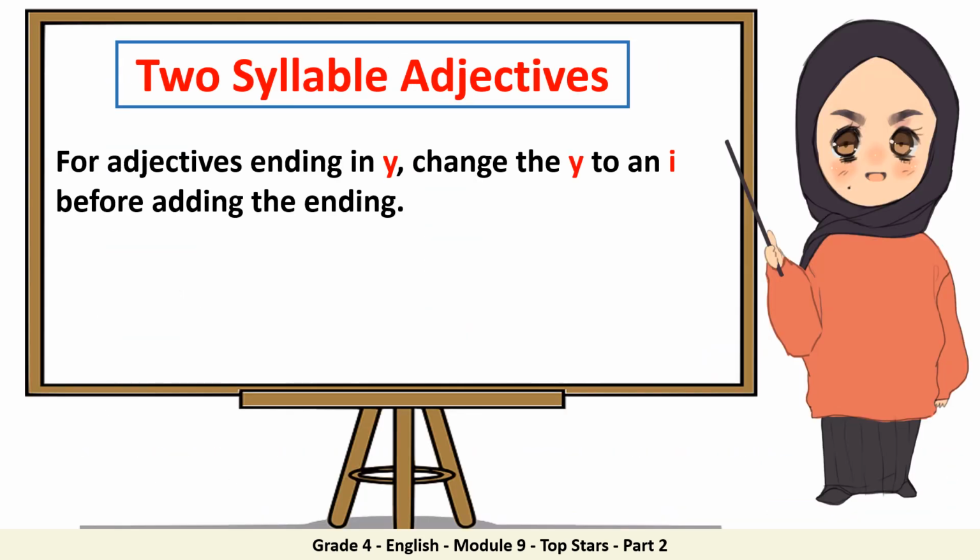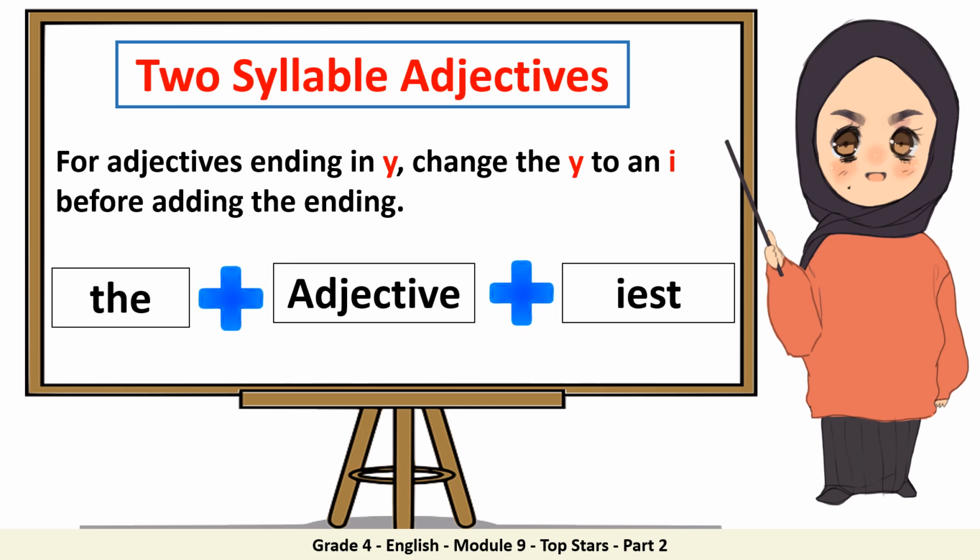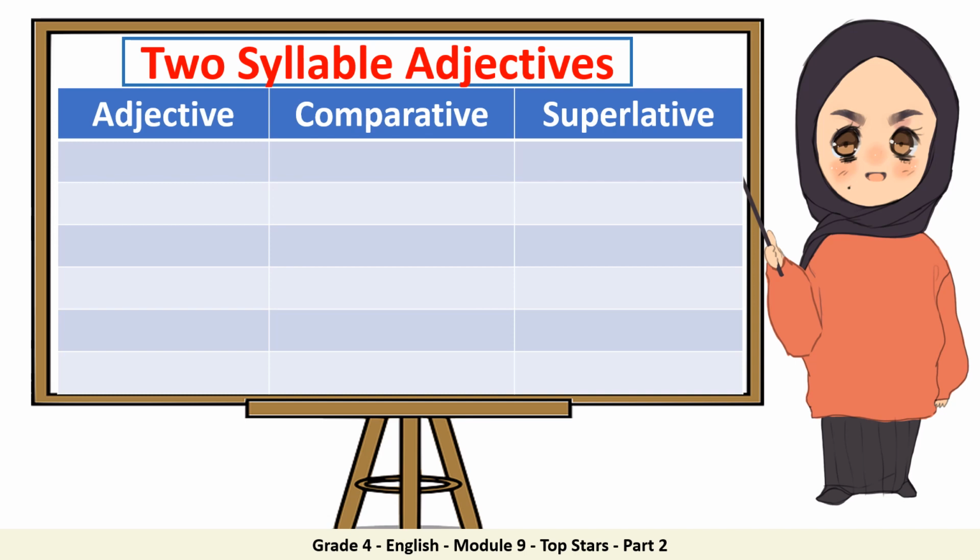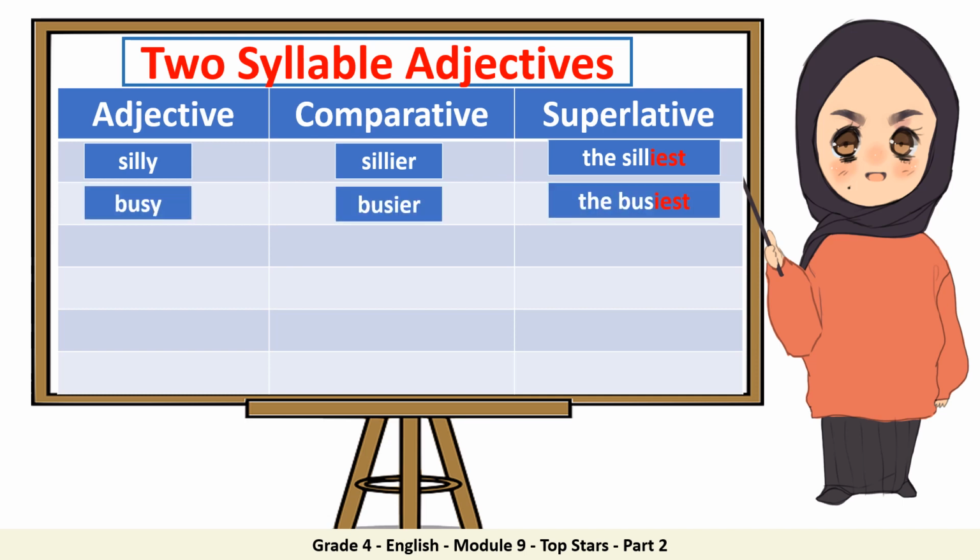Let's learn the two-syllable adjectives. For adjectives ending in Y, change the Y to an I before adding the ending. Let's read the table together. Silly, sillier, the silliest. Busy, busier, the busiest. Happy, happier, the happiest.